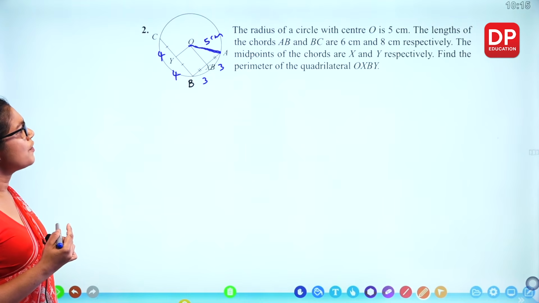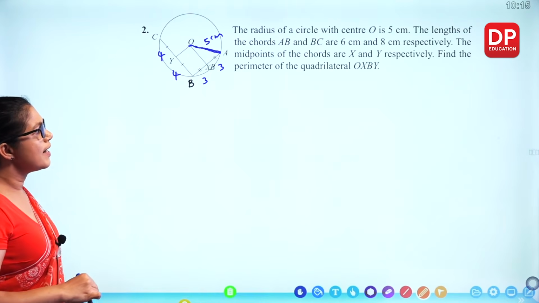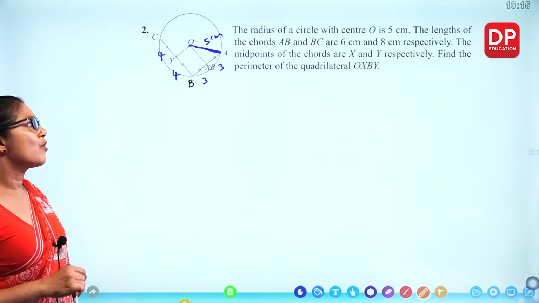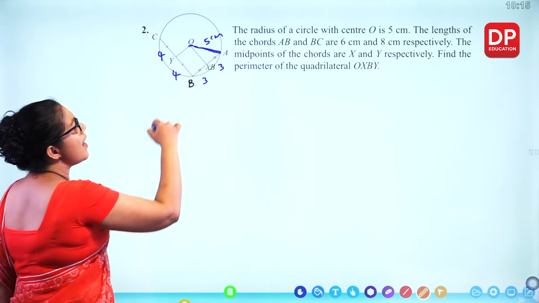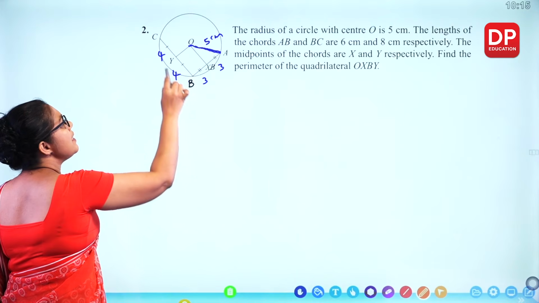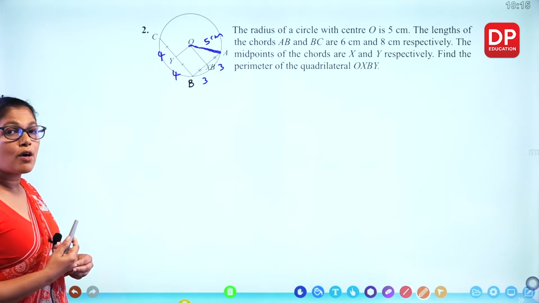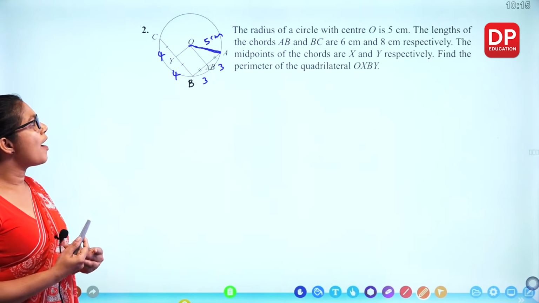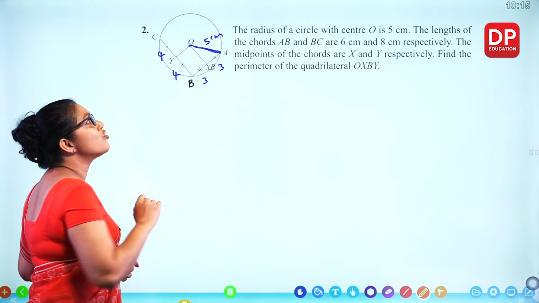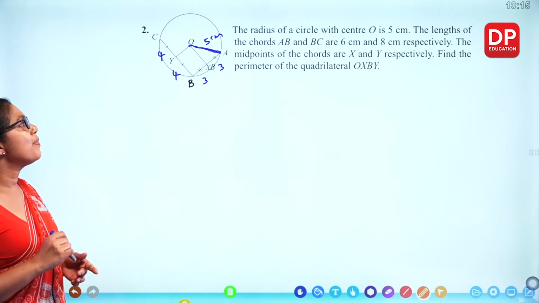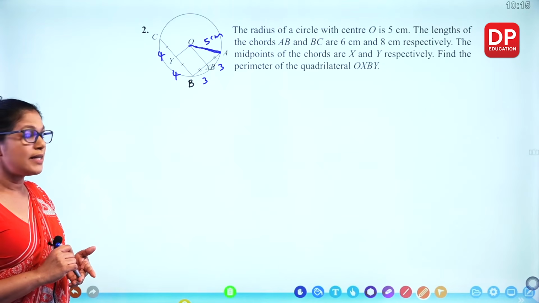The midpoints of the chords are X and Y, so that's what it says, equally divided. Find the perimeter of the quadrilateral OXBY. Now, according to Theorem 1, when you join the center and the midpoint of the chord, the two lines are perpendicular.